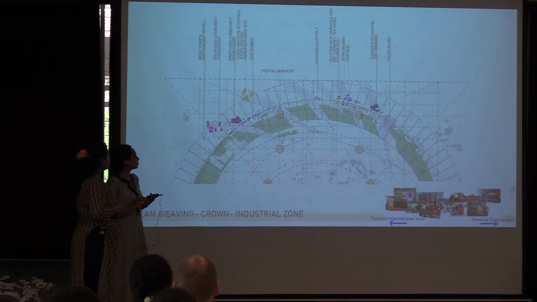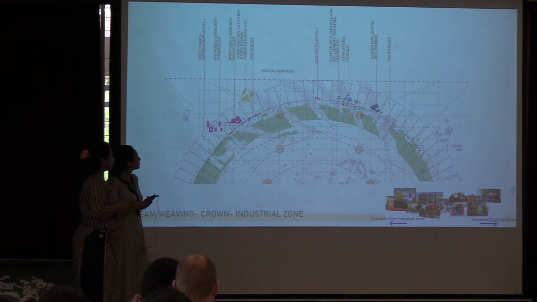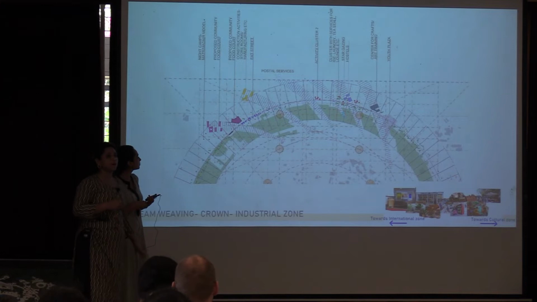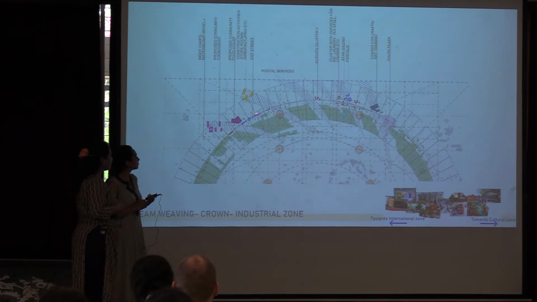So this could become something like an eat street, which could be more active in the evenings, while the food court area is a little calmer because it is closer to the forest. So it could start becoming an eat street here.